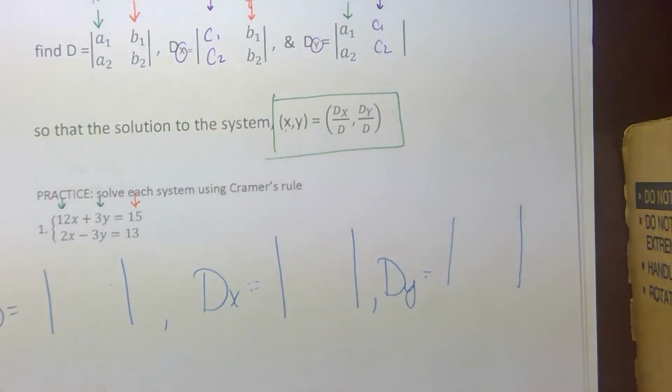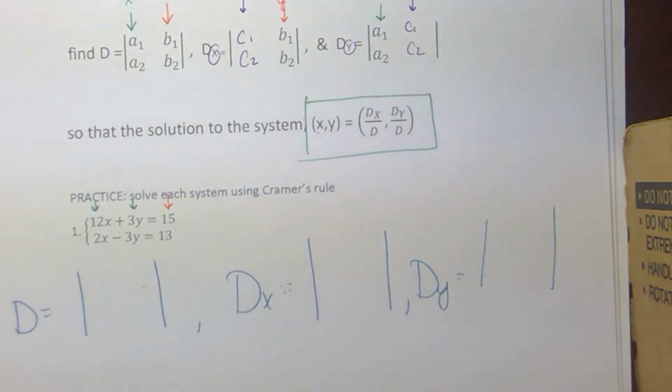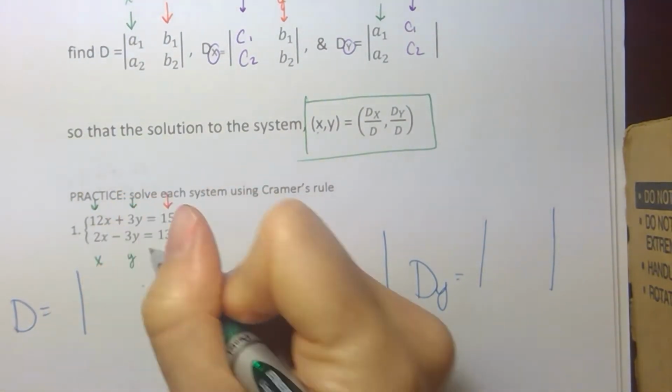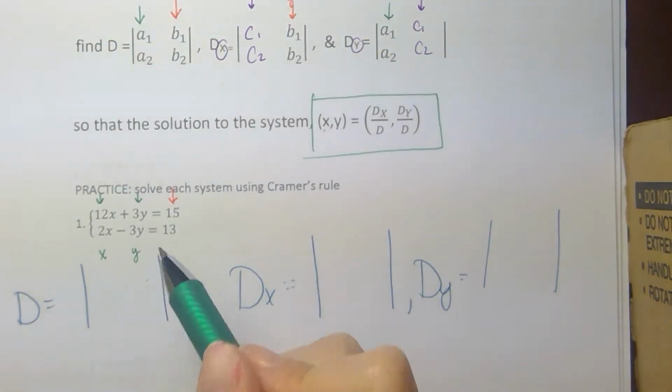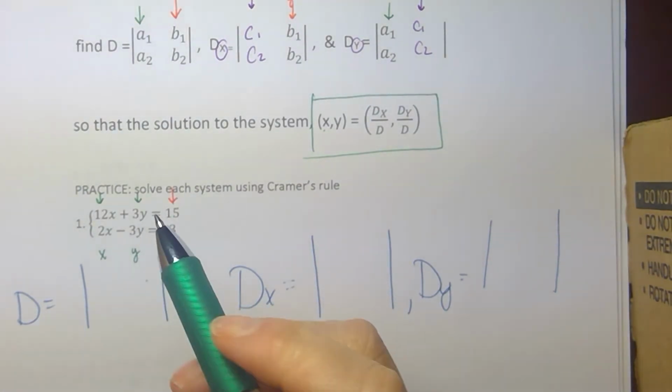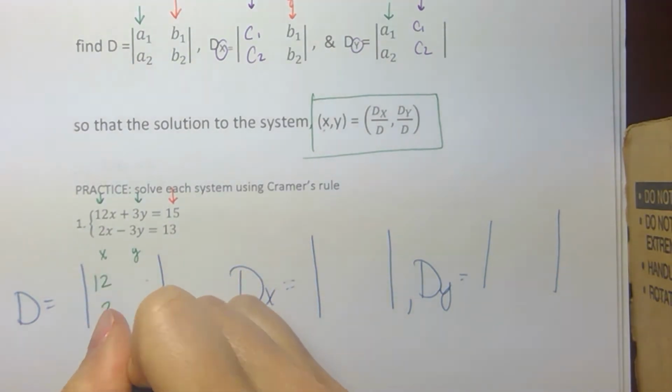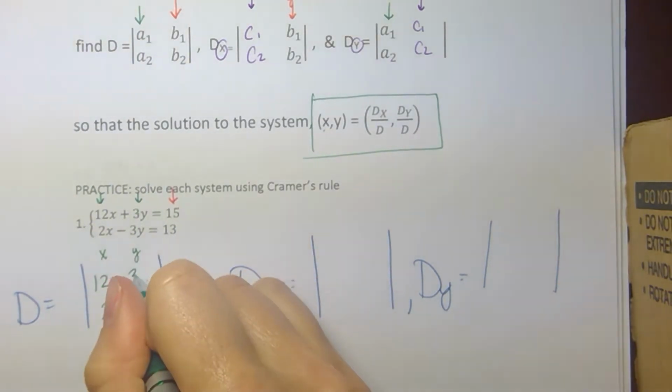Now when I set these up, I use different combinations. For my main determinant D, I use the x and y coefficients. So this x column is 12, 2. The y column is 3, negative 3.